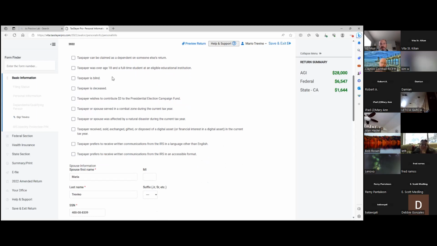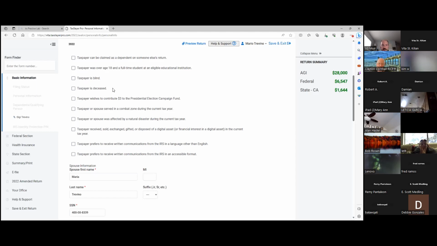They're typically going to go to their ophthalmologist, or optometrist, who will issue essentially a document stating this is their vision. But you will see that. So if you indicate blind, what that means is they're going to receive, if they receive the standard deduction, an additional amount.